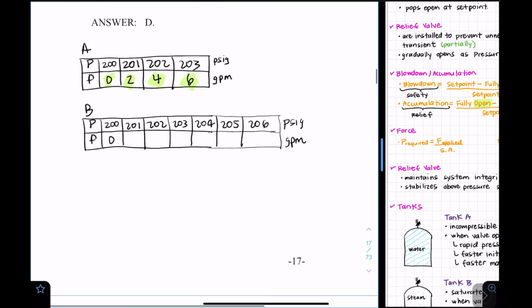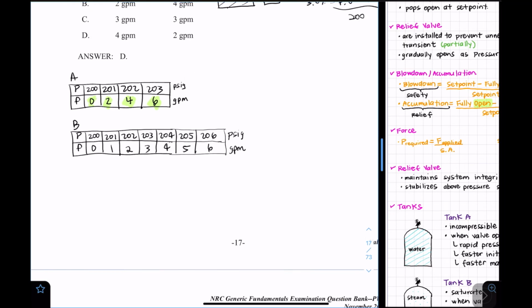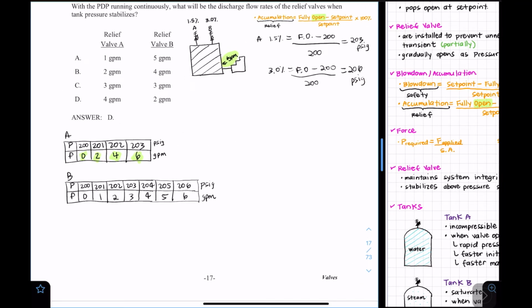Okay, so now I know that this one goes all the way to 6 GPM, so I just fill in the blanks. But what's happening? How do I know how much flow is getting out of these valves? Both valves have 6 GPM. I can get 6 GPM out of this, but I'm only getting in 6, right?